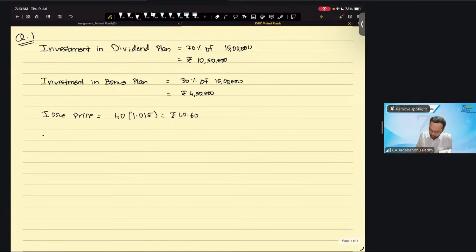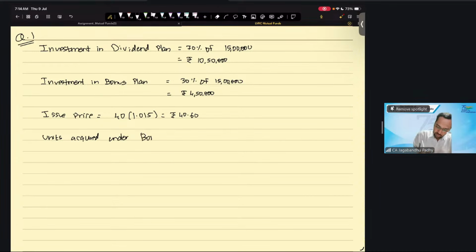So the units that we have acquired under the bonus plan.